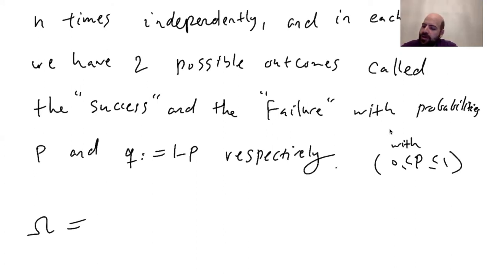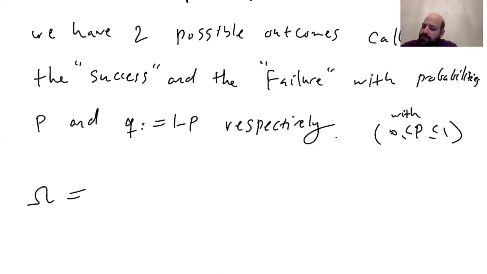Okay, so omega is going to be the set of all possible outcomes.